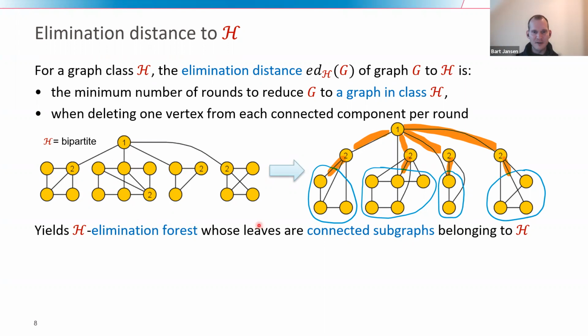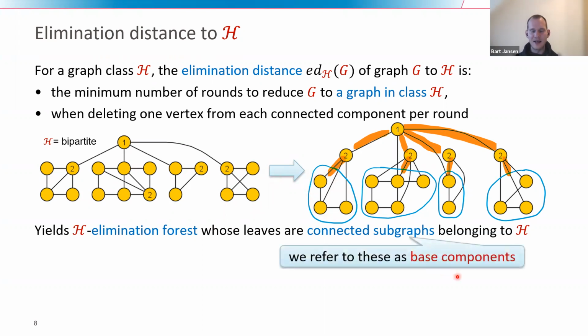And instead of having a single leaf to this tree, I will consider the entire subgraph that is a connected component of what I'm left with when the process ends. One such connected component, I call it a base component, and I think of them as being the leaves of my decomposition. So I have a tree here with 3 layers. The first 2 layers have individual vertices, and the last layer has connected subgraphs of the input, which I call base components.